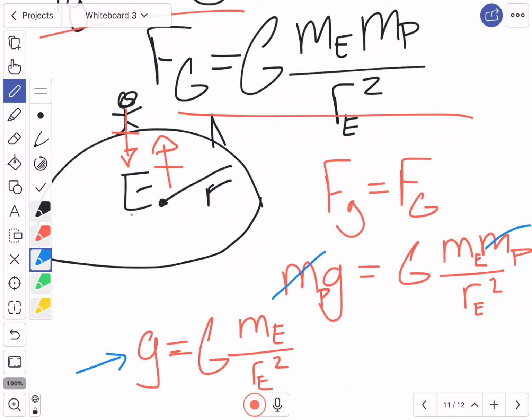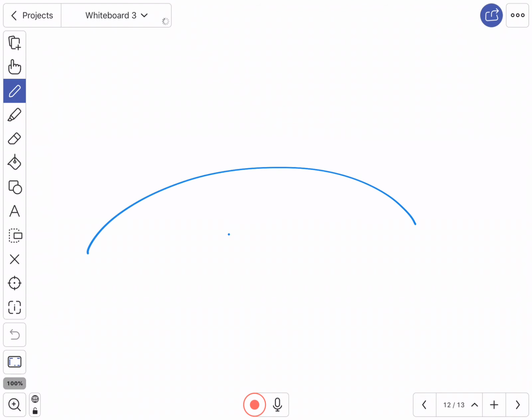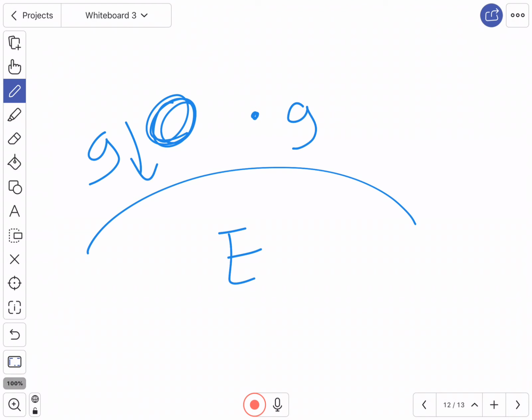Well, what is that? And remember, guys, if this is the Earth, what's true about a large boulder and a small pebble? Which one hits the ground first? Same time. They hit at the same time, because the g of both of them is the same.